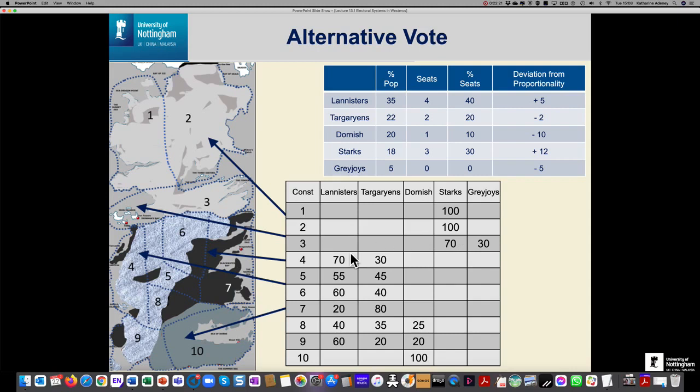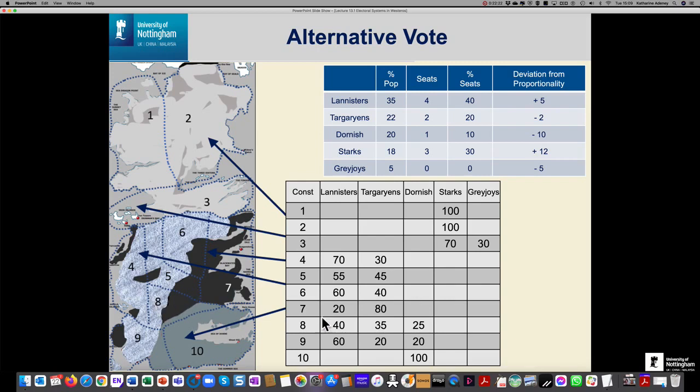And if we actually go down and look, you can see that in all the constituencies, with the exception of constituency number 8, because there's a majority group there, the outcome is going to be the same as simple plurality. But there is a difference in constituency number 8, because you will see there you've got the three groups: the Lannisters, the Targaryens and the Dornish.